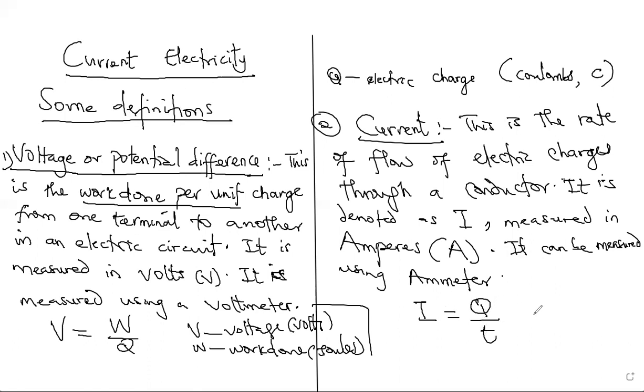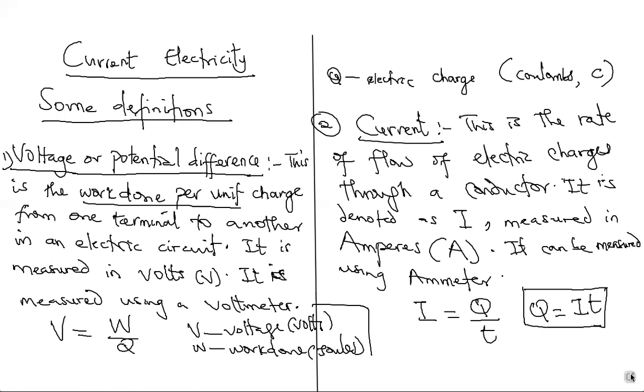If you make Q the subject of the formula, Q will be I times T. That means the electric charge is current multiplied by time. Q is measured in coulombs and t is in seconds.